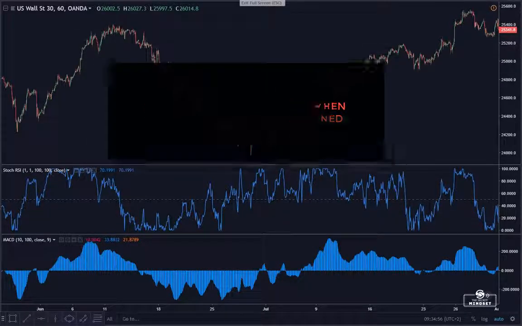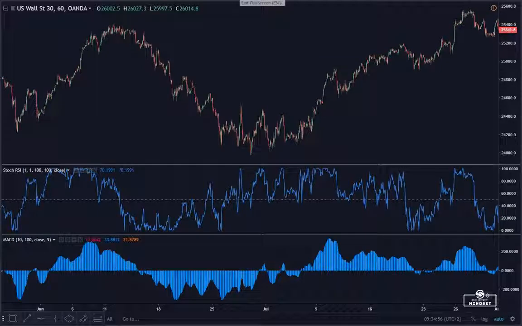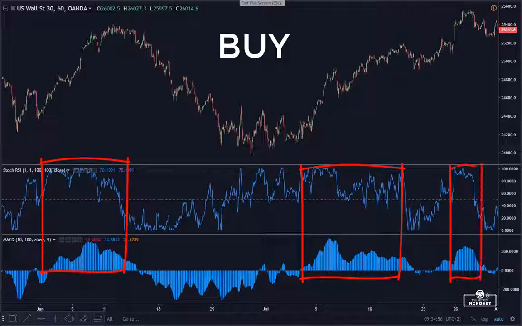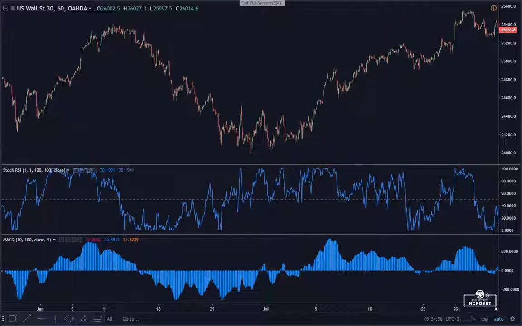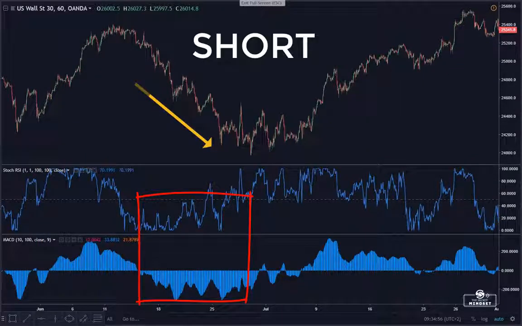Now let's look at this Dow Jones Index chart. We simply search for buy entries when the stochastic RSI is above its 50 level, only if the MACD confirms the move. Also, we aim to short the market when the stochastic RSI is below 50 and the MACD is in negative territory.